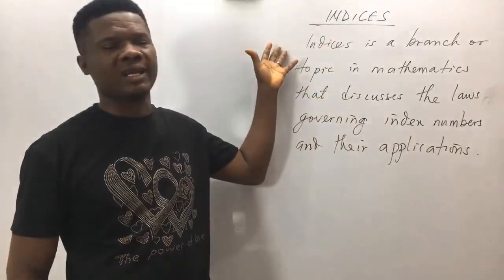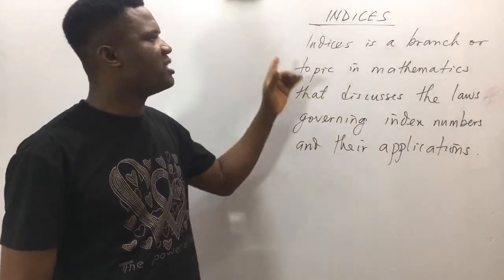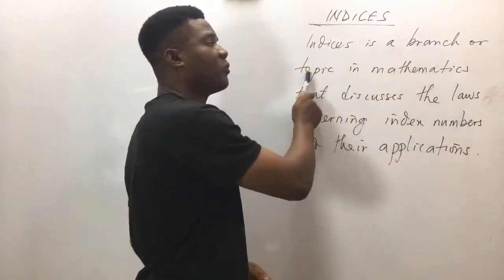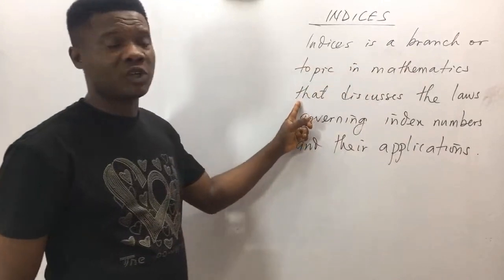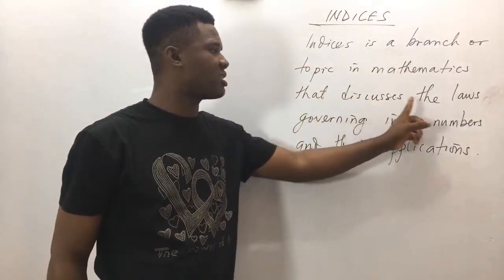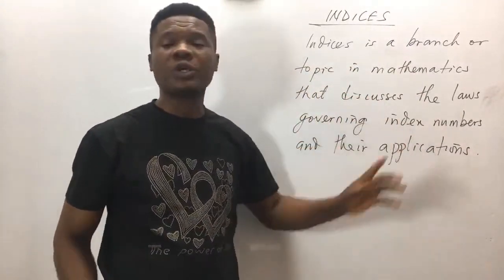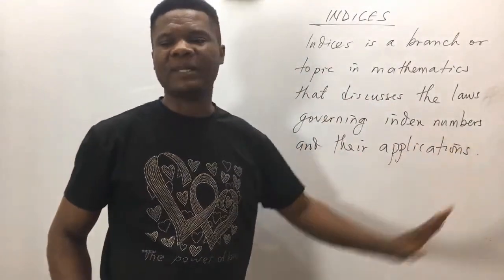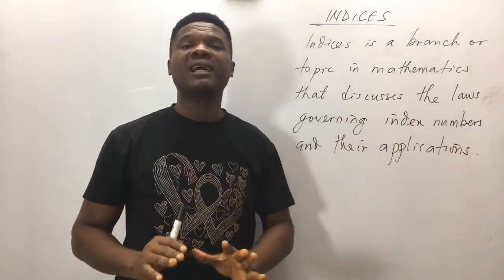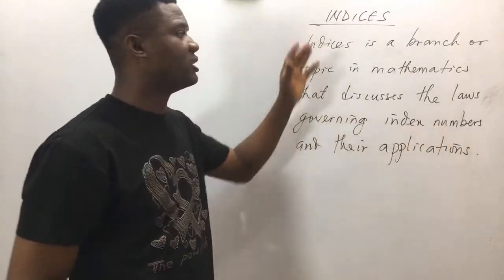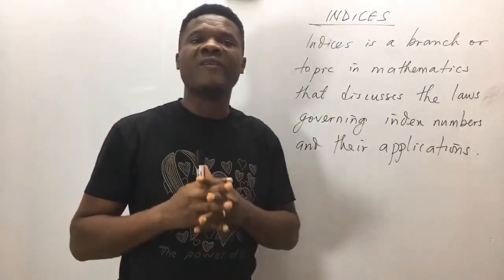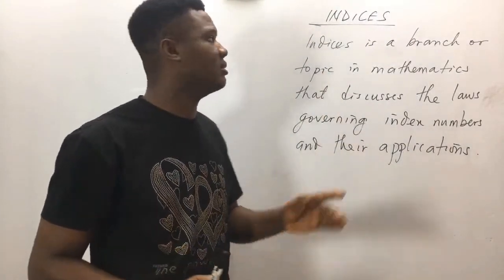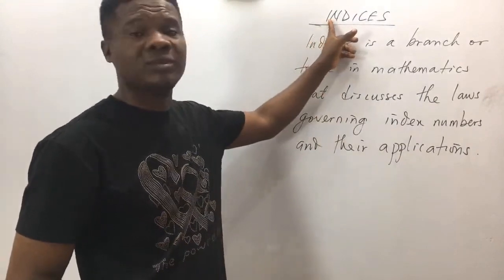So let's go over it again. What is indices? Indices is a branch or topic in mathematics that does what? That discusses the laws governing what we call index numbers and their applications. Now please take note that there are variations to this definition, so the definition can be flexible provided it talks about the essential thing about indices.